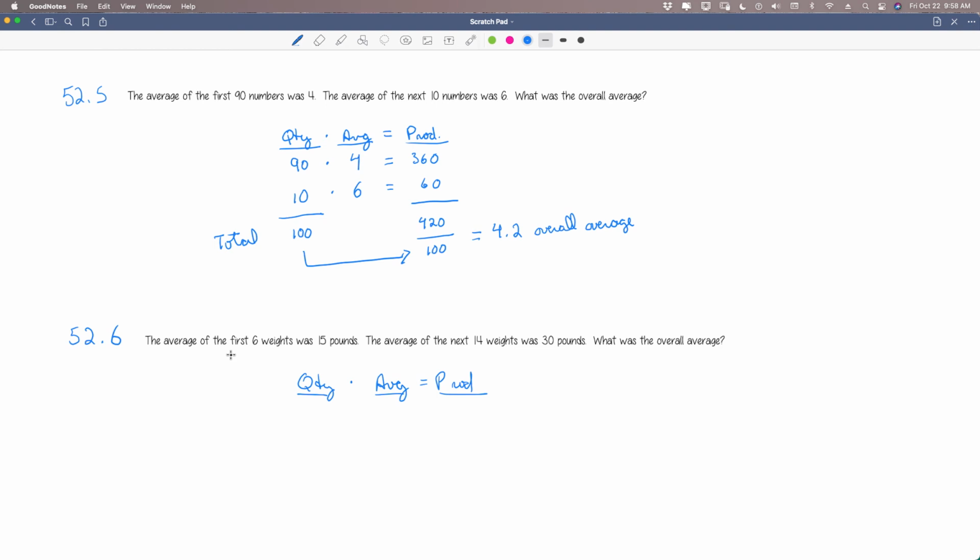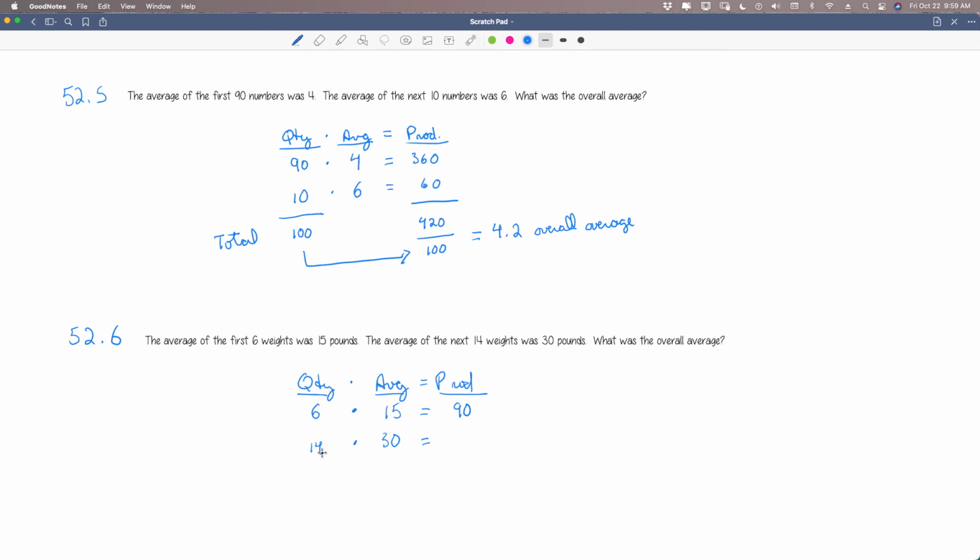And we look first for our quantity. The first 6 weights, the average of the first 6 was 15 pounds. So the quantity is 6 and the average was 15. The average of the next 14 was 30. So now we multiply. 6 times 15 is going to be 3 times 30, so that's 90.